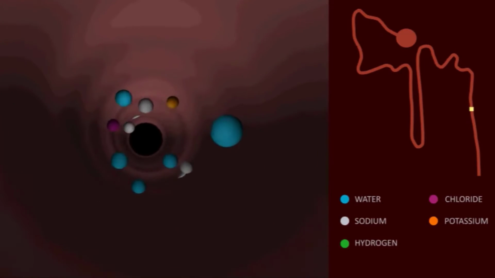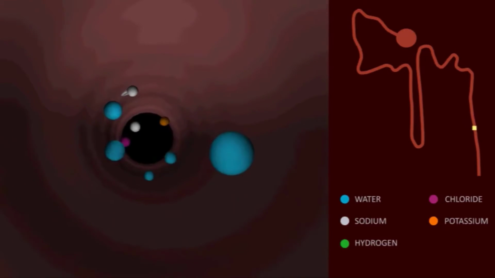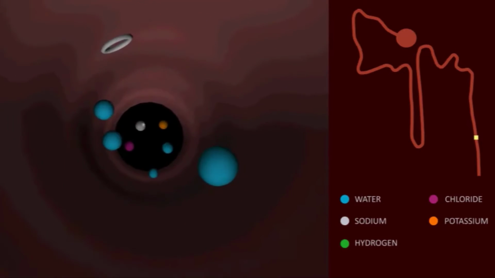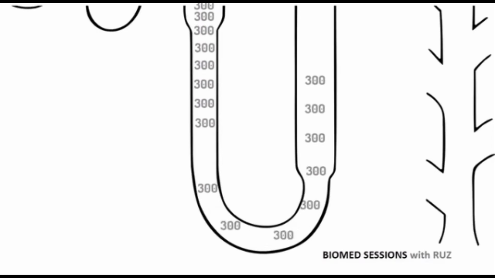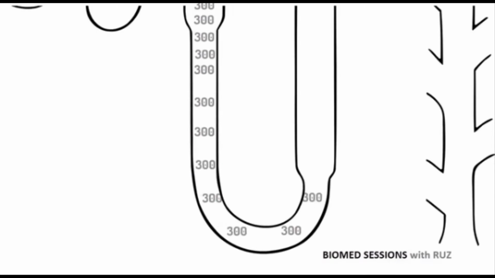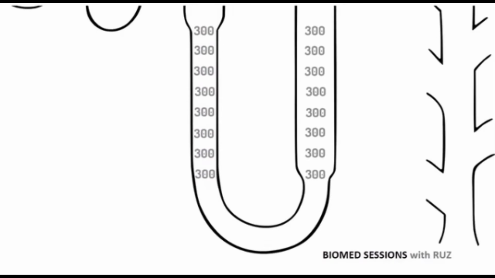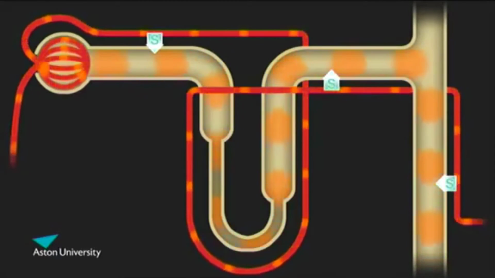It depends on the high permeability of the thin descending limb to water, the active transport of sodium and chloride ions out of the thick ascending limb, and the inflow of tubular fluid from the PCT and its outflow through the DCT. Now comes the second part, the countercurrent exchanger mechanism in the vasa recta.